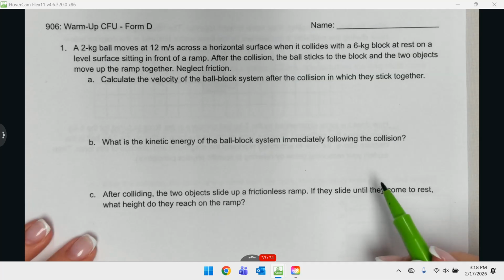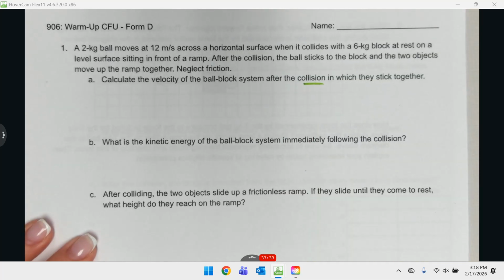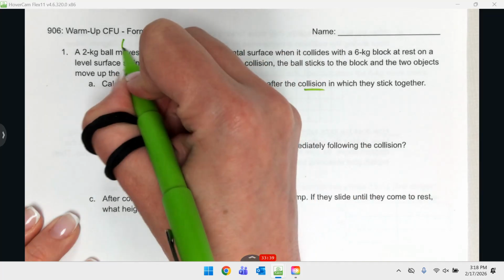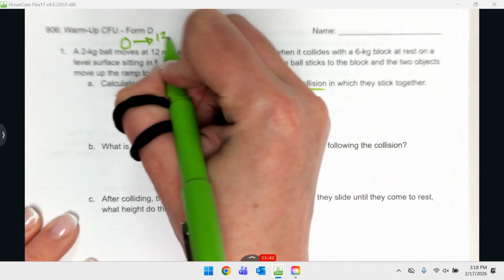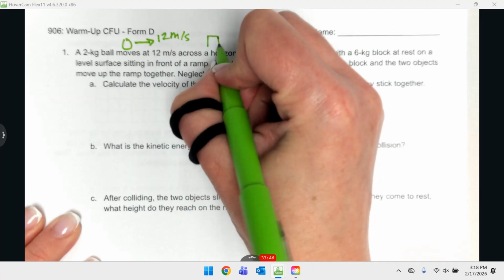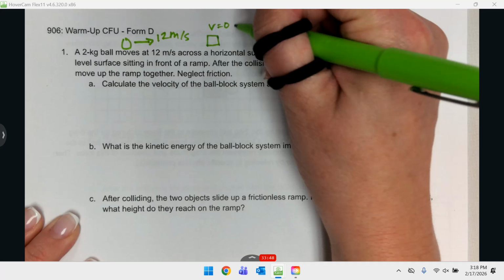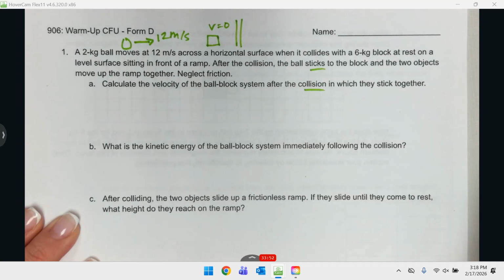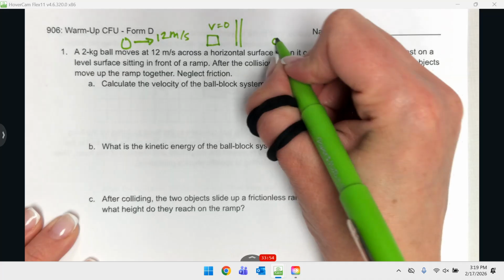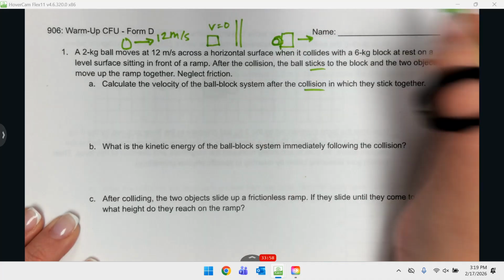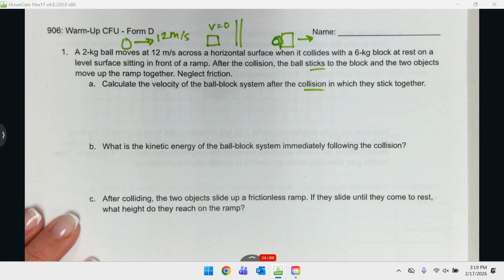In this one, we actually have to start with the collision because the collision happens first. This one tells us that we have a ball that is moving 12 meters per second, and then it collides with this block that's at rest. And then after the collision, it says that they stick together. So this is a stick together example, and that ball and block are going to move as one unit afterward, and they'll be stuck together.